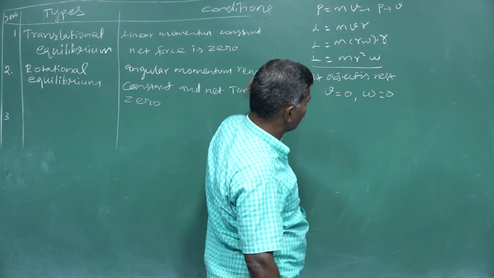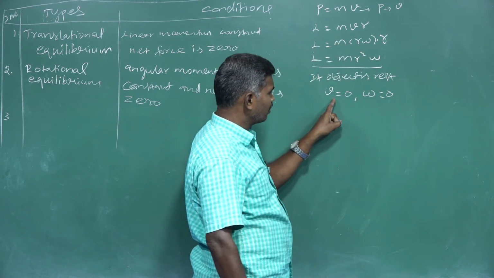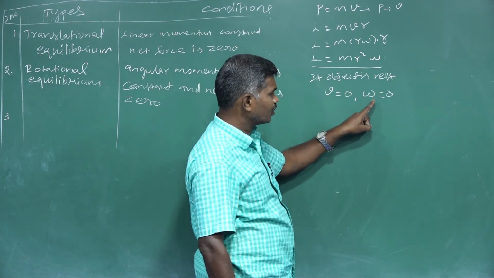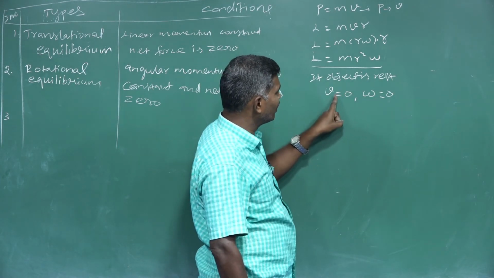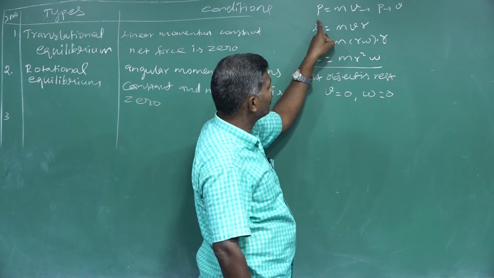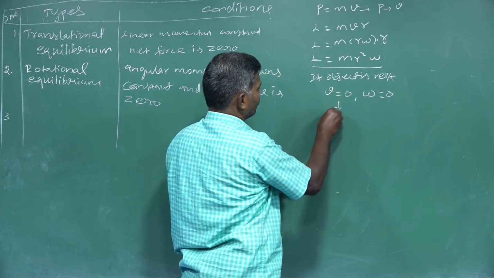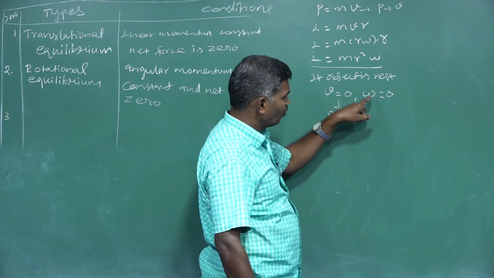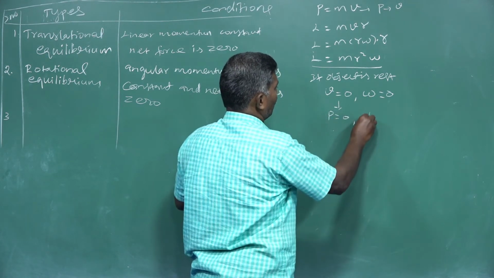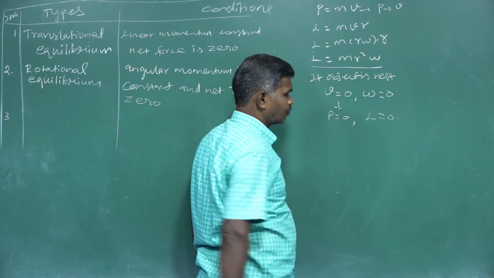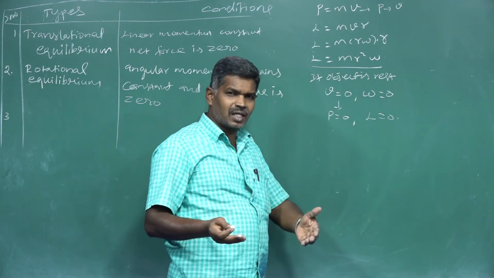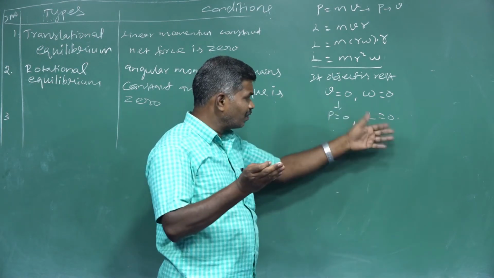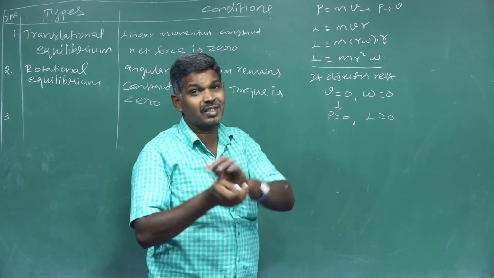If the object is at rest, linear velocity and angular velocity are both 0. If v is 0, linear momentum is 0. If omega is 0, angular momentum is 0. So the P value is 0 and the L value is 0, with no change in those values.